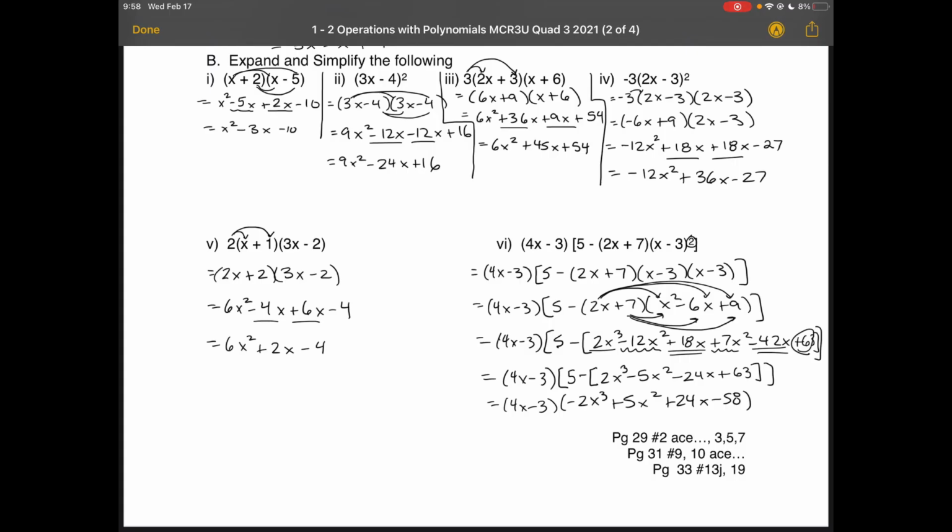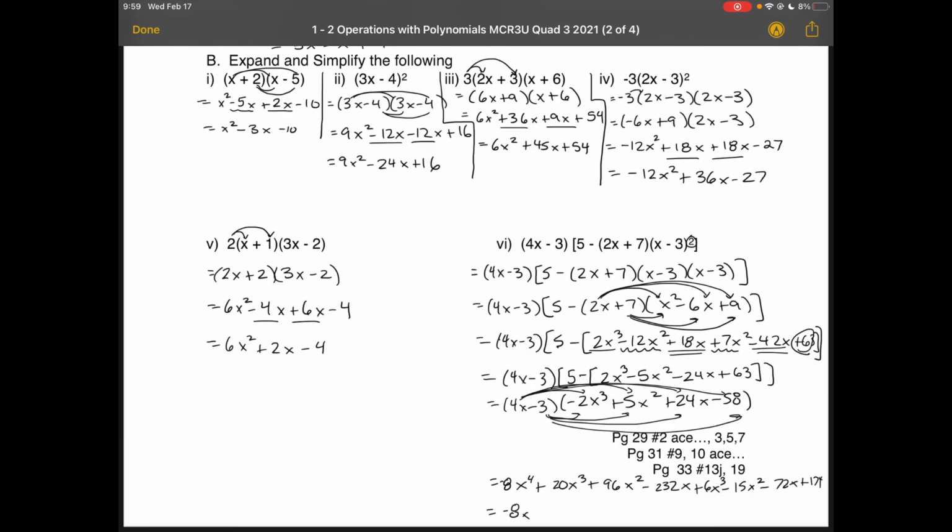My final step is to distribute that binomial, making sure that everything from the first bracket gets multiplied by everything in the second bracket. No one wants to be left out. After doing that, we've got minus 8x to the 4 plus 20x cubed plus 96x squared minus 232x plus 6x cubed minus 15x squared minus 72x plus 174.